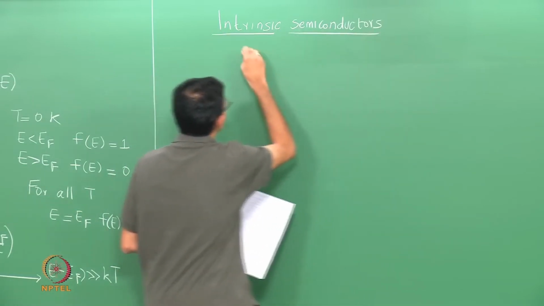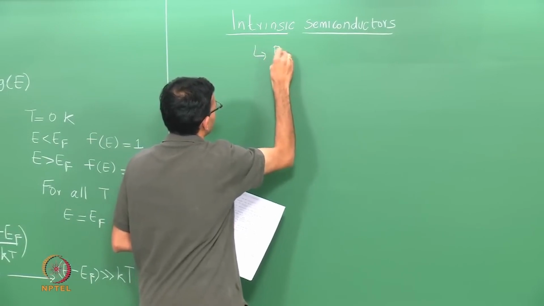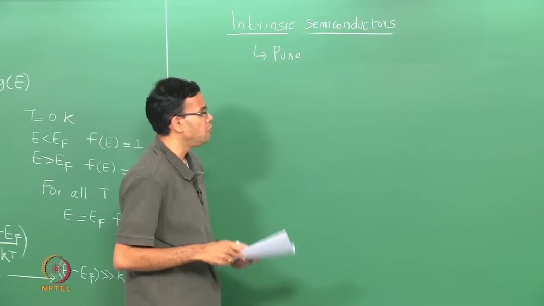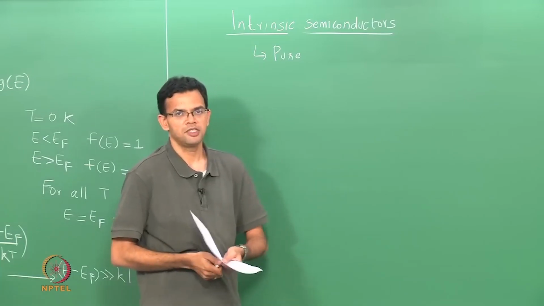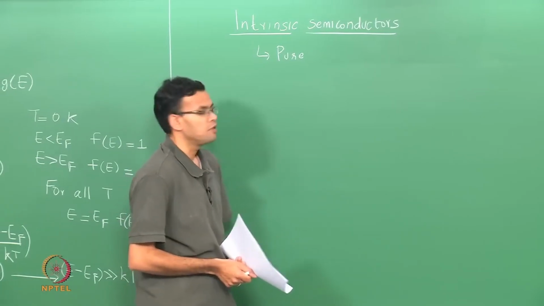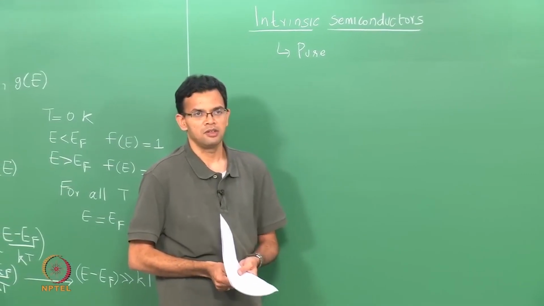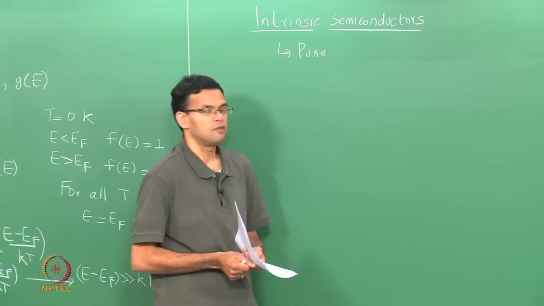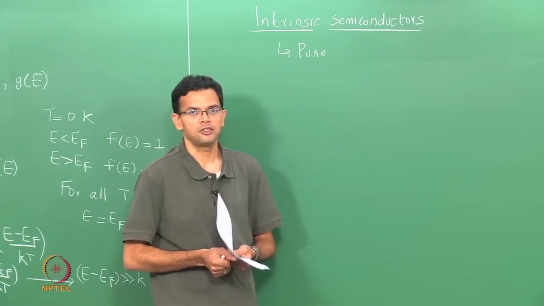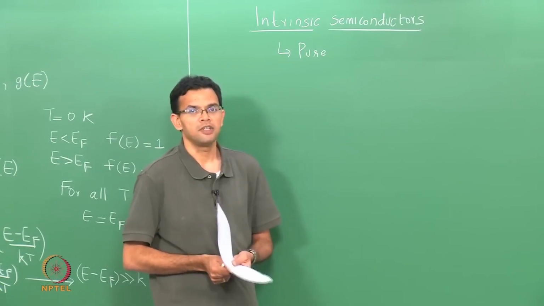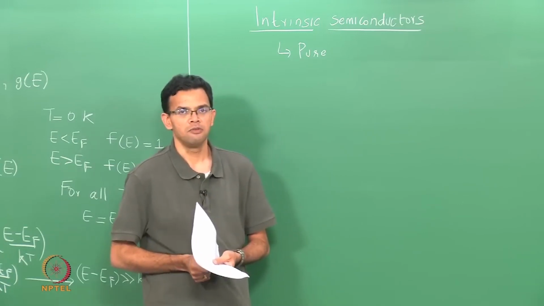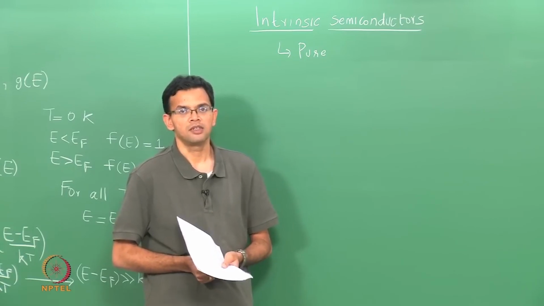Another name for this is a pure semiconductor. We will use the concepts of the density of states and Fermi function to calculate the carrier concentration, that is the electron hole concentration. We will also define concepts of electron mobility and conductivity. Once we are done with this for the intrinsic semiconductors, we will move on to extrinsic semiconductors.